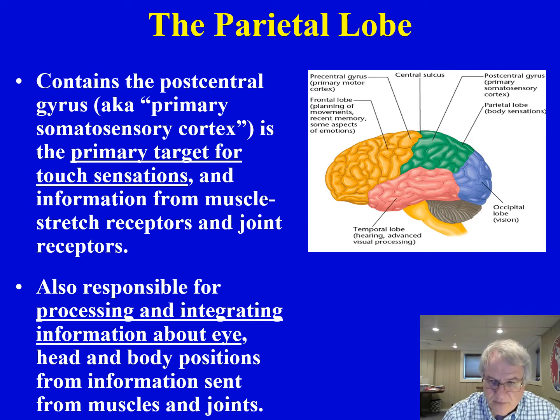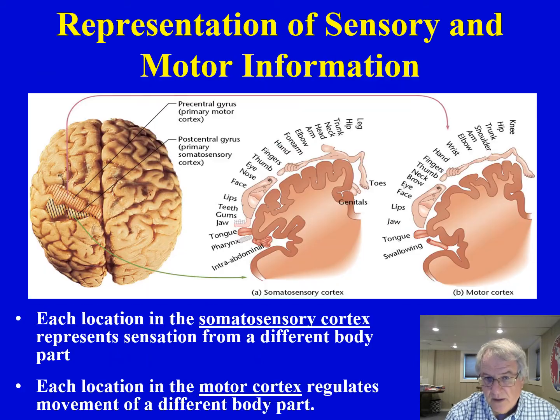It's also very much involved in the processing and integrating of information about the eye. That was something that was not really appreciated until relatively recently. And this is research that we'll be taking a look at in a little bit when we get to the whole area of vision.